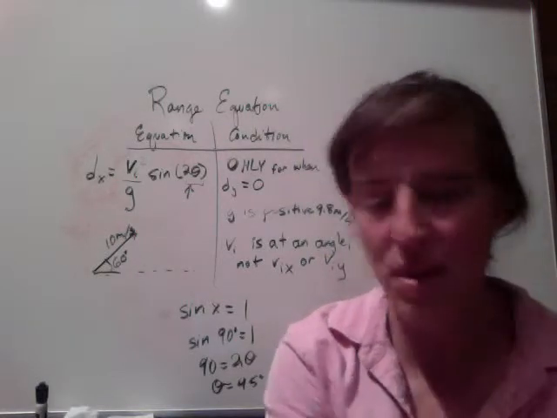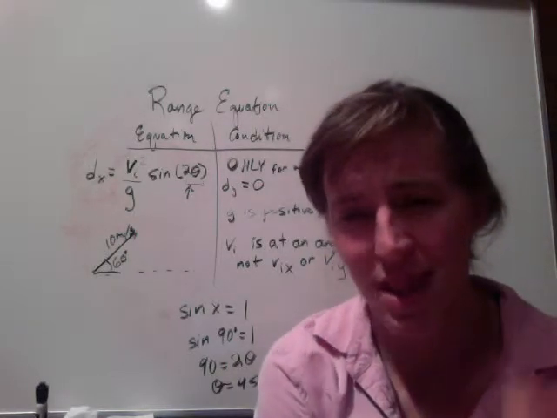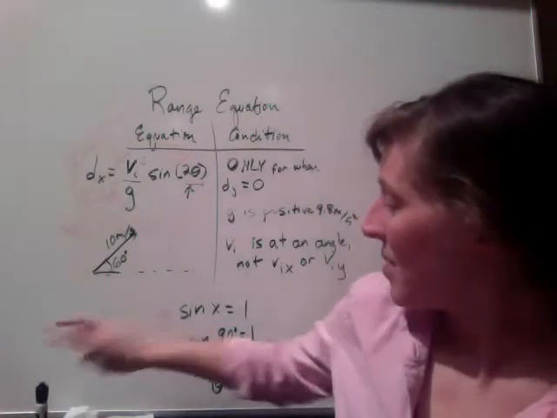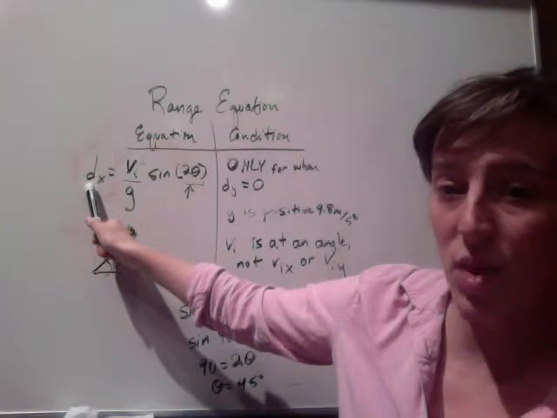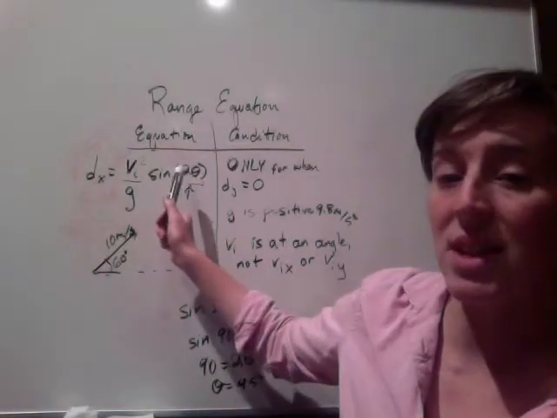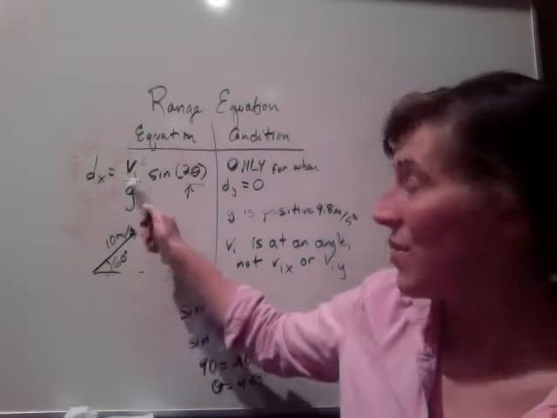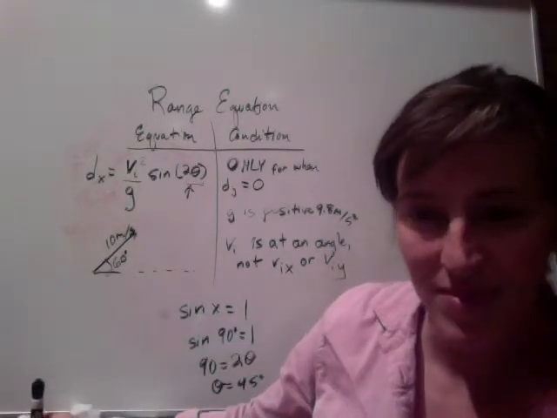Actually, maybe you don't have timers. That's okay. Figure out the initial velocity, knowing the range, and knowing that the best angle is 45 degrees. See if you can find the initial velocity. Okay, good luck.